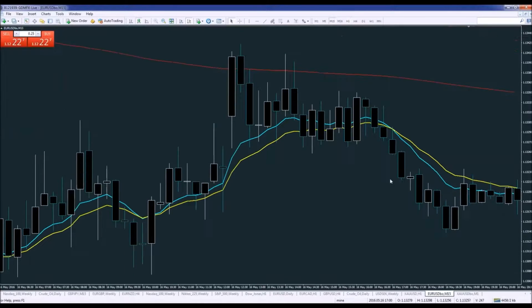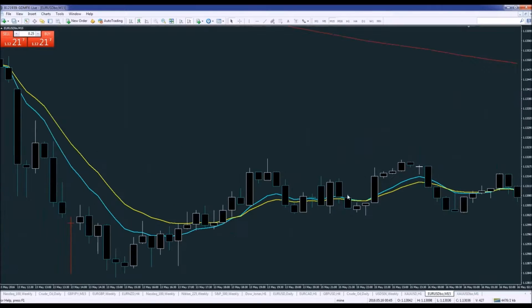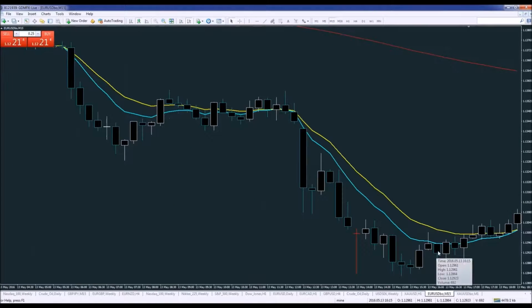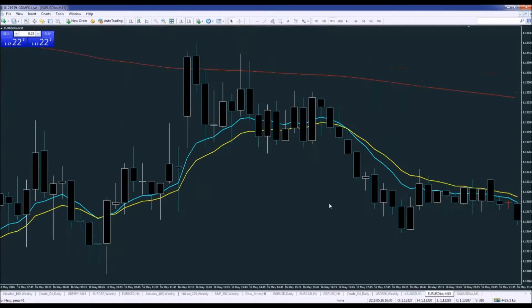So that's why we need something smaller. We need more trends. In smaller time frame, you get more trends. There is one trend here, another trend there, and if we go back, another trend here, sideways direction, another trend here. And this, with a trained eye, is very easy to spot.